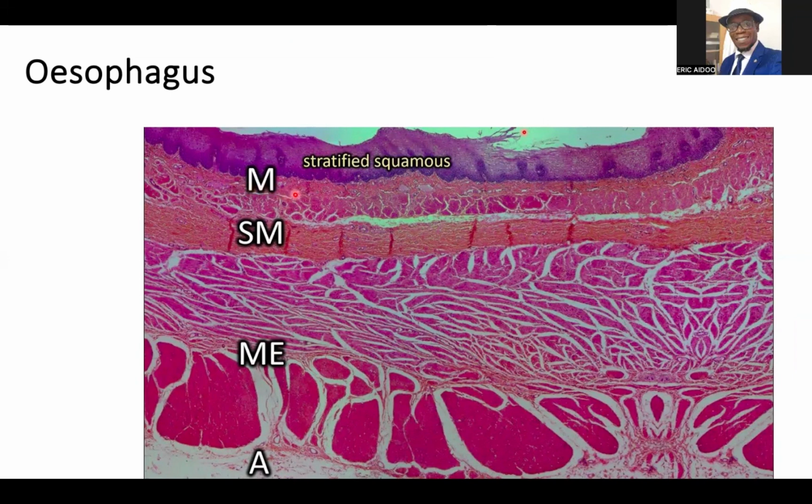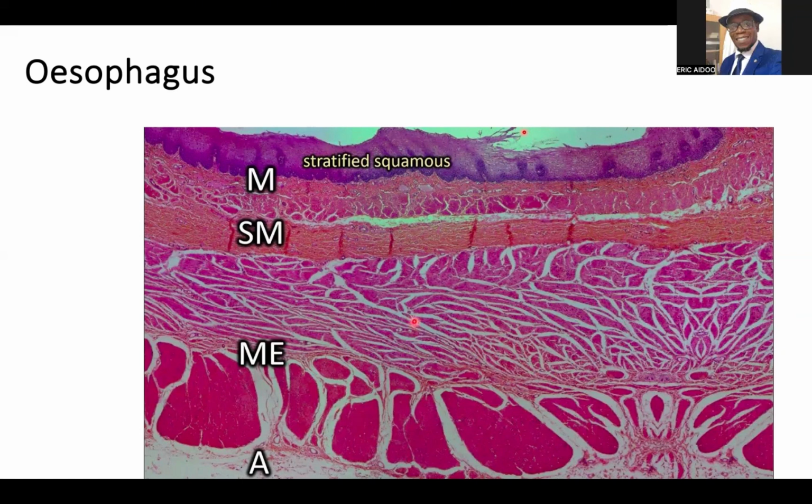Then you have the mucosa, you have the submucosa, and then the muscularis externa with the inner circular and outer longitudinal muscle. Then you have the adventitia. Also note that the orientation of the inner circular and outer longitudinal are different because the fibers are running in different directions.